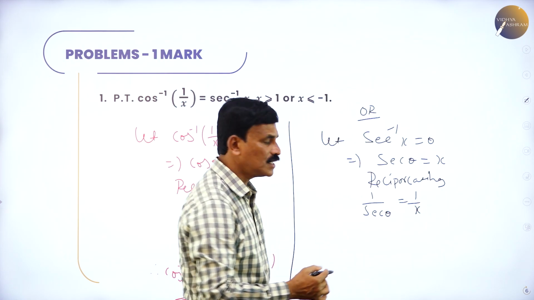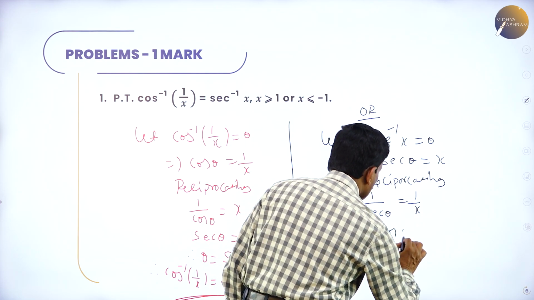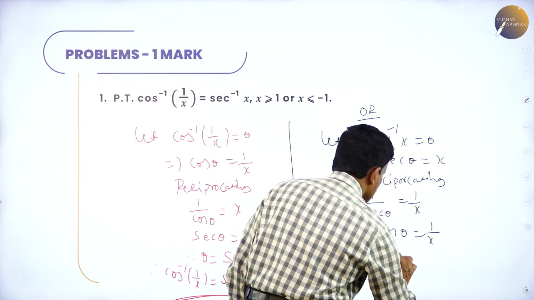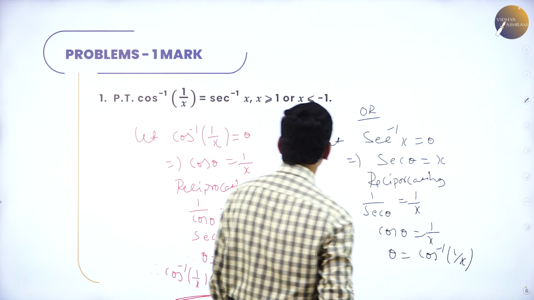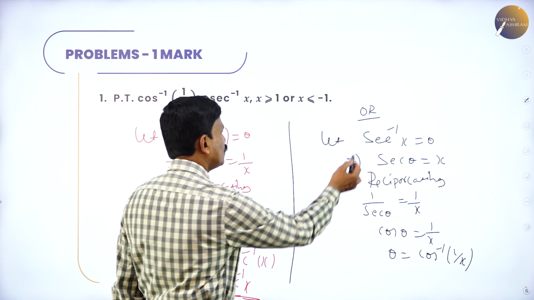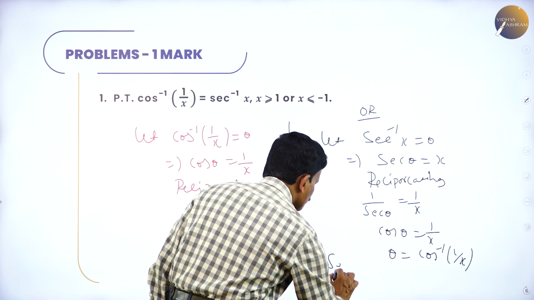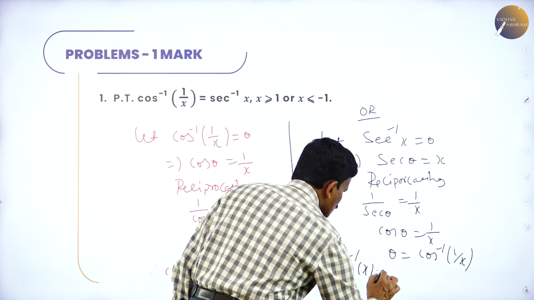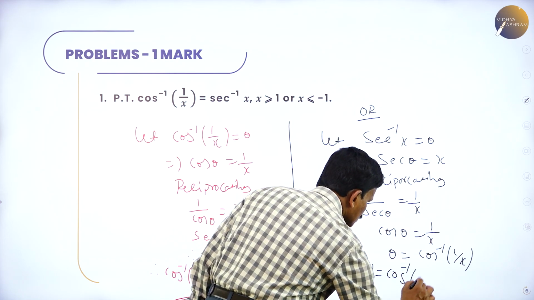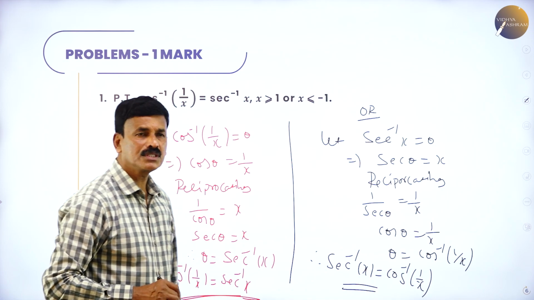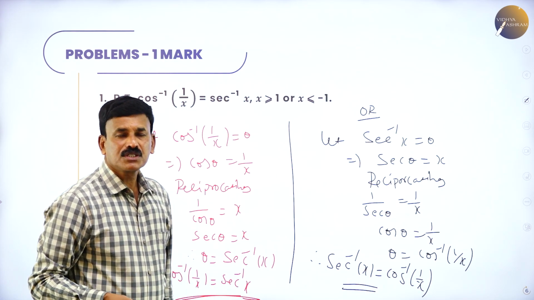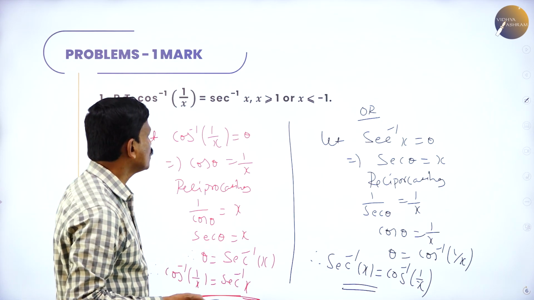What is 1 by secant theta? Cos theta. So, cos theta is equal to 1 over x, which implies theta is equal to cos inverse of 1 over x. What is theta we have taken? Secant inverse x. Secant inverse of x is also equal to cos inverse of 1 over x. This is a very important property. So, secant inverse x can also be converted into cos inverse 1 over x.